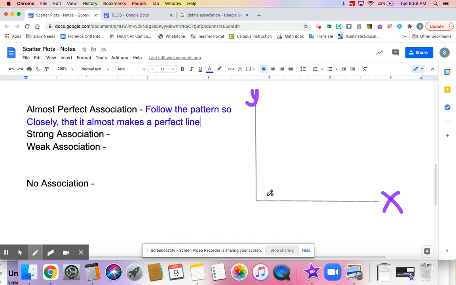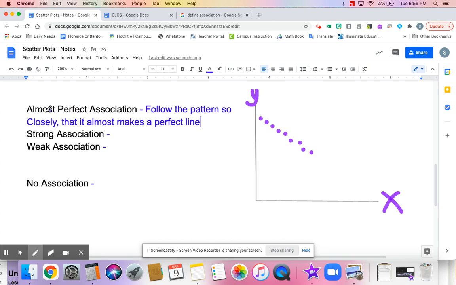So what that means is, like, let's say this is my first point, and this is my next one, and my next one, and my next one, my next one. It almost looks like I could draw a perfect line through these data points. And it almost looks like it's a part of a line, even though it's not, because it's just random data points.